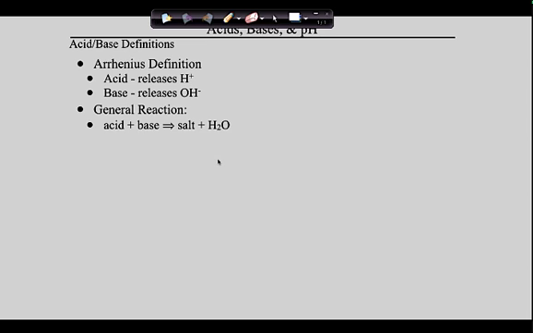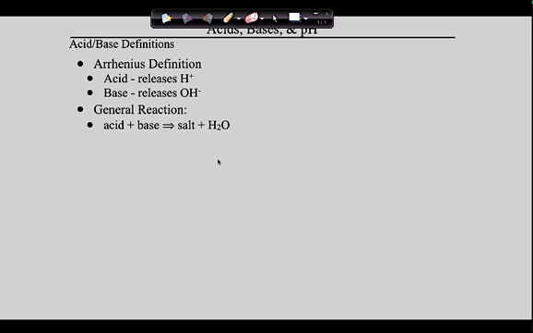The acid releases hydrogen, the base releases OH, the H and the OH make water, and then the things that are left over come together and make salt. Remember, salt is not just NaCl, there are lots of different salts. This is the general form of an Arrhenius acid-base reaction.